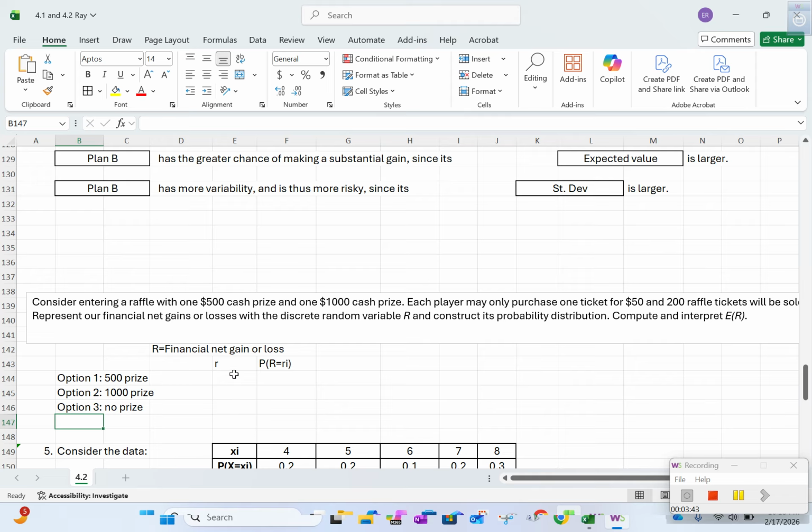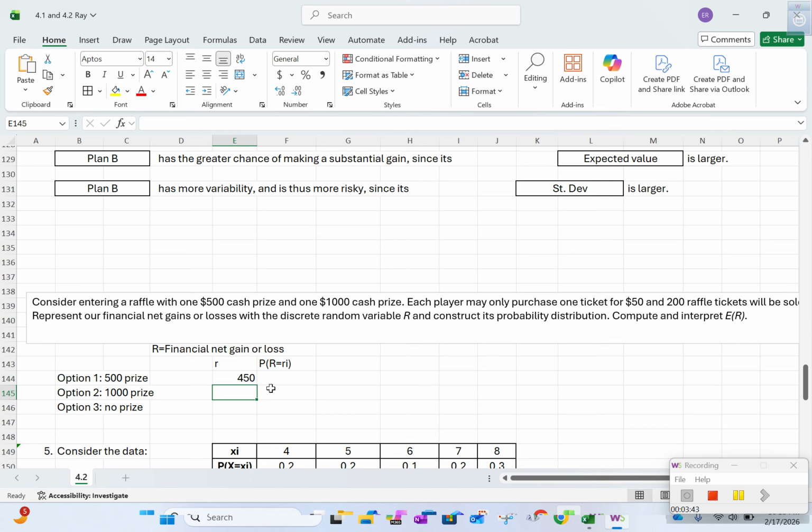So when we talk about our different R values that are possible, with the $500 prize, if I want to consider the financial net gain or loss, if I'm winning a prize, it's going to be a net gain, but it's net after spending $50 on the ticket. So that would be $450 of profit, essentially.